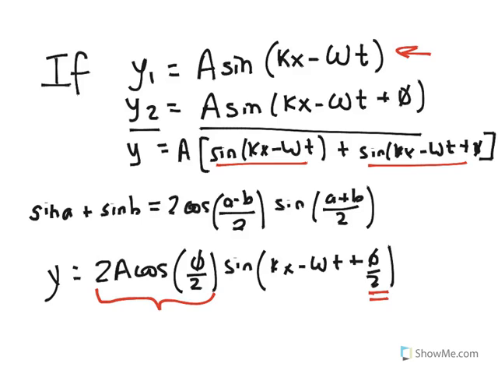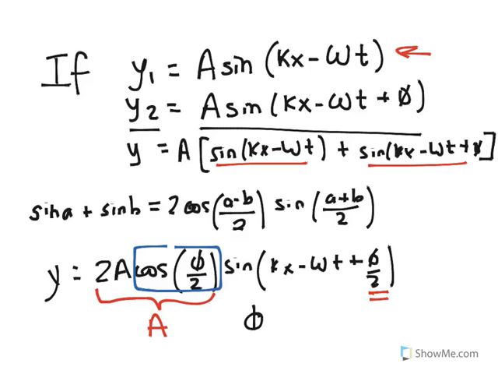This is important because, if this is the new amplitude, it could happen that the interference is constructive when the cosine of phi half is equal to 1 or minus 1. That happens when phi is an even multiple of pi, where n is even.